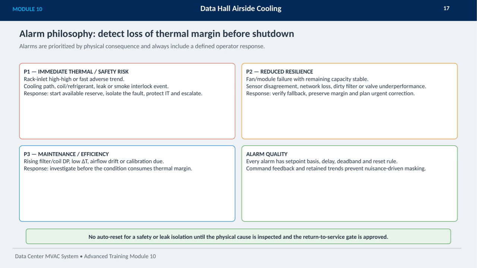These require investigation before they start affecting thermal margins. Alarm quality is emphasized by setting strict parameters, including setpoint basis, delay, deadband, and reset rules, all designed to prevent nuisance alarms. Notably, safety and leak-related alarms do not auto-reset until the cause has been fully inspected and approved for return to service. This structured approach ensures reliable cooling and protects critical infrastructure.